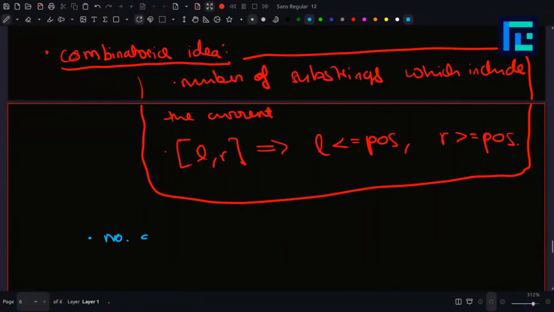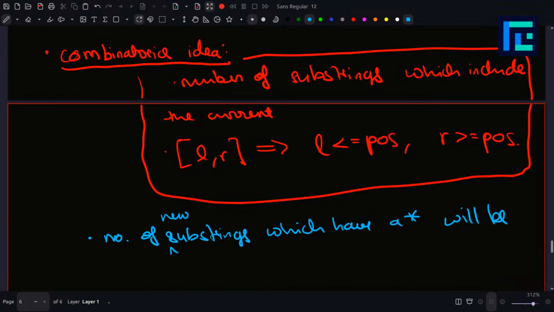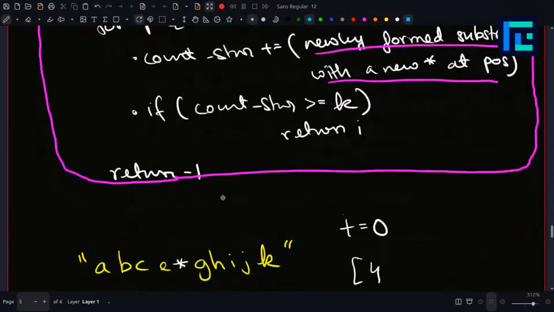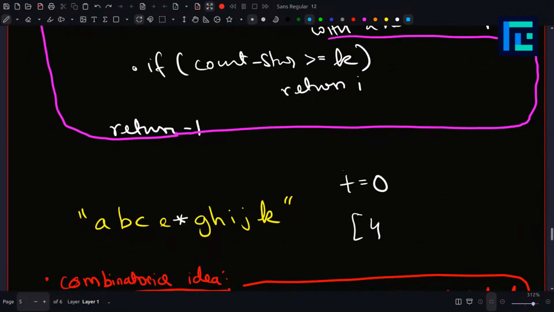So the number of new substrings which have a star will be 5 times 6 for that example, which is 30. Why is it 30? Because we need to include this star, and our L value can be anywhere here, here, here, here, so there are 5 different L values. Similarly, our R value can be here, here, here, here, here, here, and there are 6 different R values.